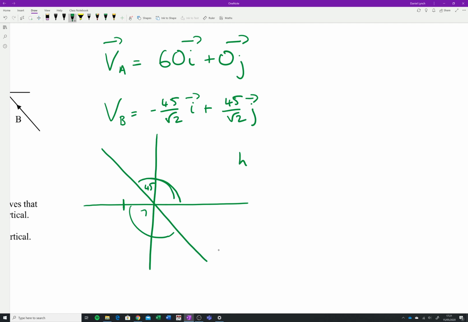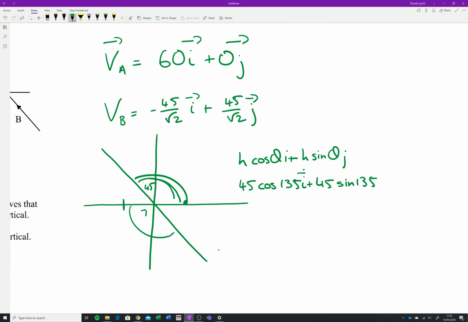So remember our h cos theta i plus h sine theta j. So in this case, h is the magnitude, so that's 45, and it would be cos of 135. Where am I getting that from? Starting from here, you have to go 135 degrees to get there, plus 45, which is again the magnitude, and it would be sine 135.